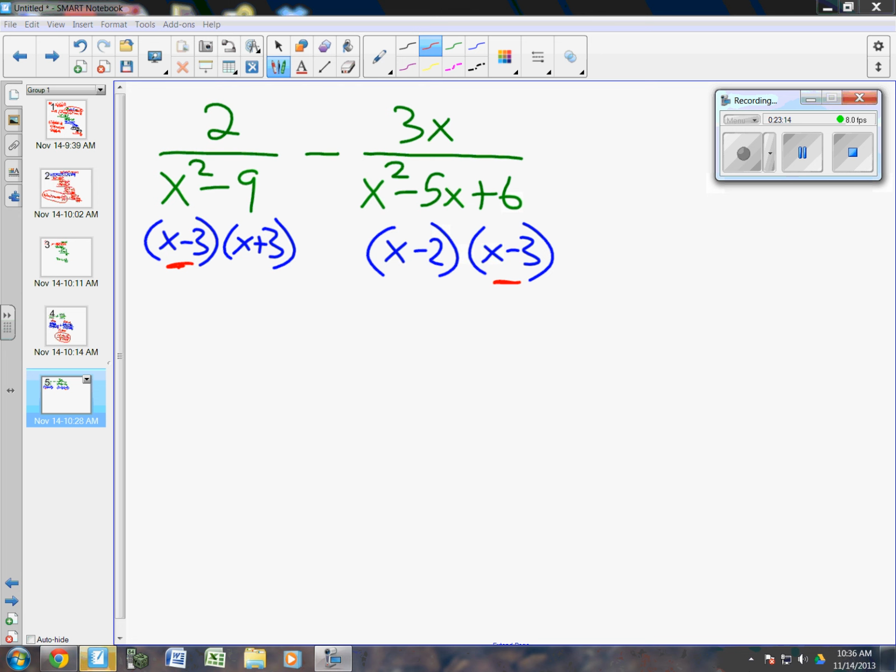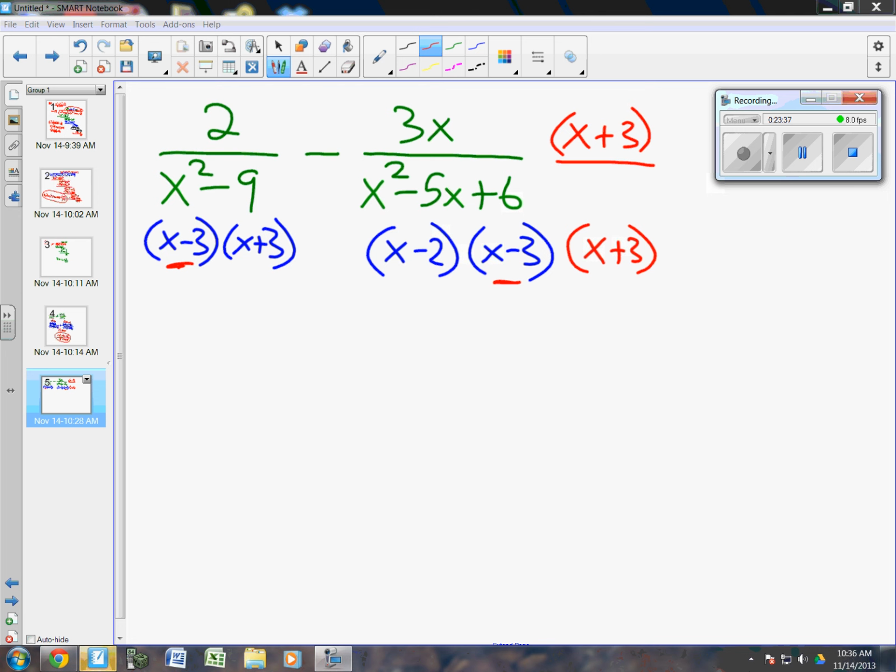We just don't need to multiply the other side by them because they already exist. But this one's missing x plus 3, so I've got to times the bottom by x plus 3. But that means I got to times the top by x plus 3, because x plus 3 is a factor over here. I got to have my denominators the same, right?